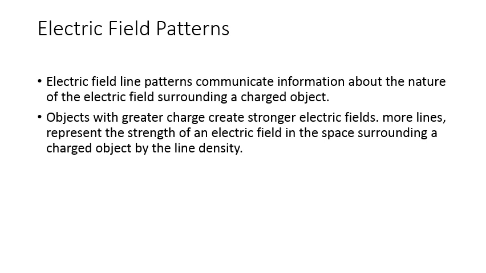The electric field line patterns communicate information about the nature of the electric field surrounding a charged object. And as we saw in the last figures, just by observing the lines, we can get the idea whether it is positive or negative. An object with greater charge creates a stronger electric field.